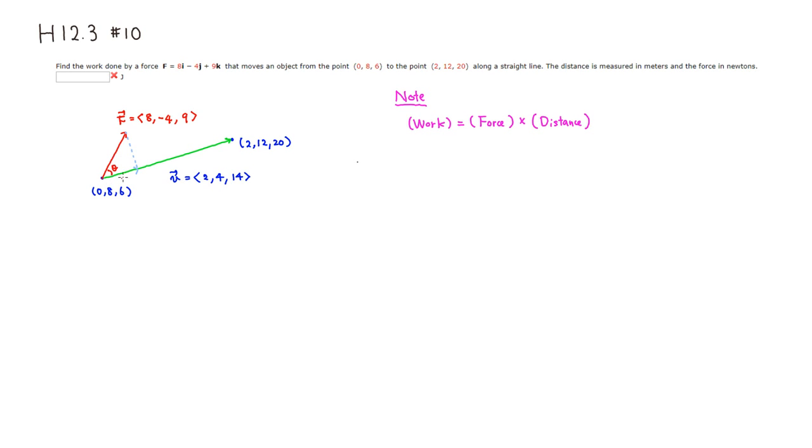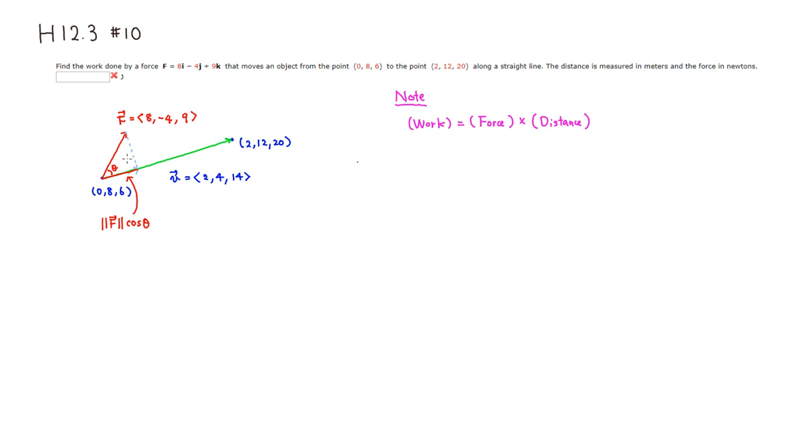The component is the magnitude of the force multiplied by cosine of theta. That gives you this much here, which is the component of the force in the direction of the movement.